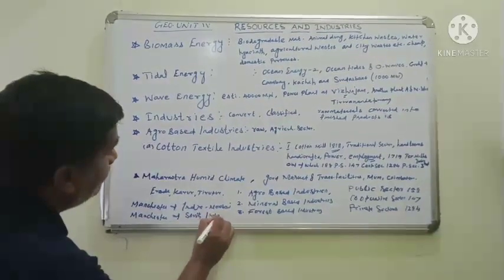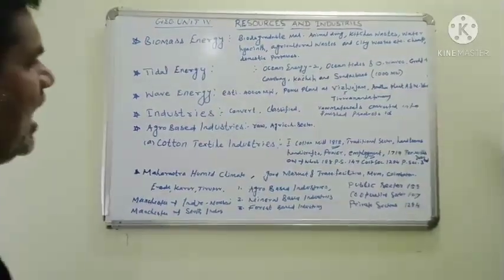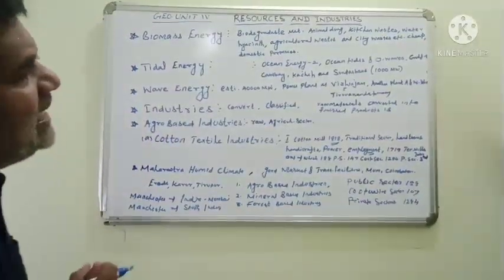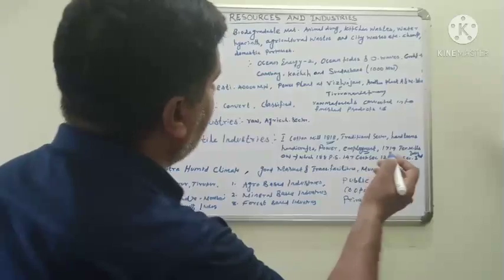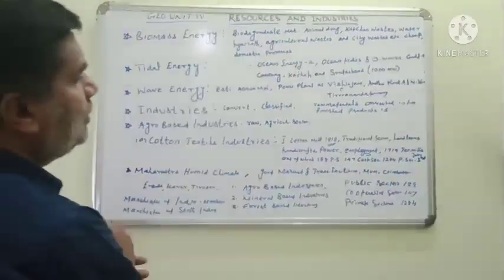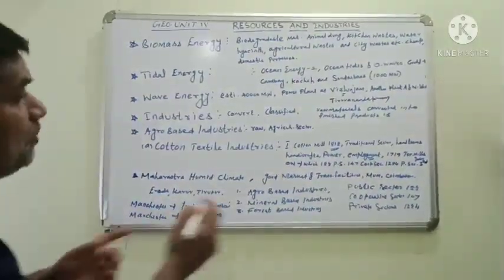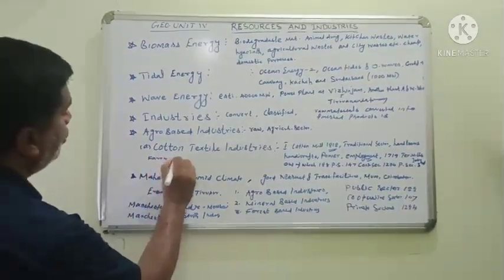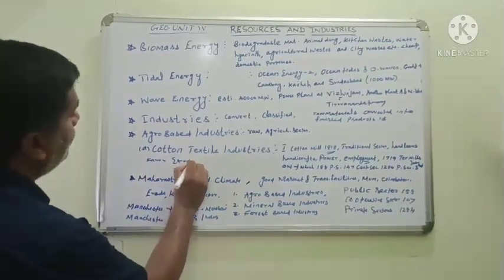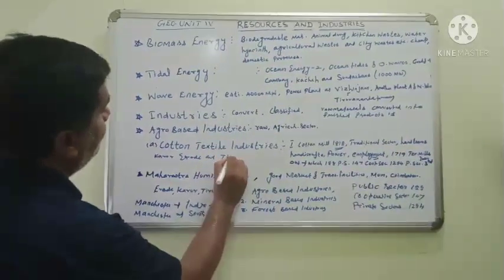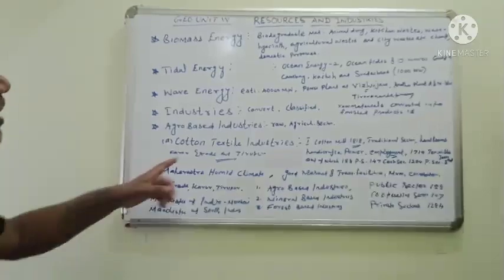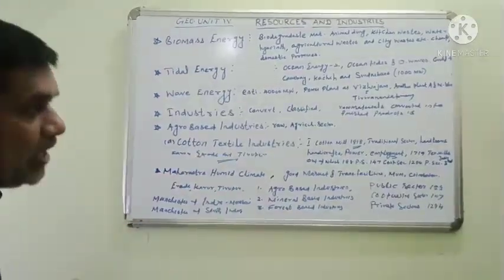Also in Tamil Nadu, many textile industries are located in Karur, Erode and Tirupur.